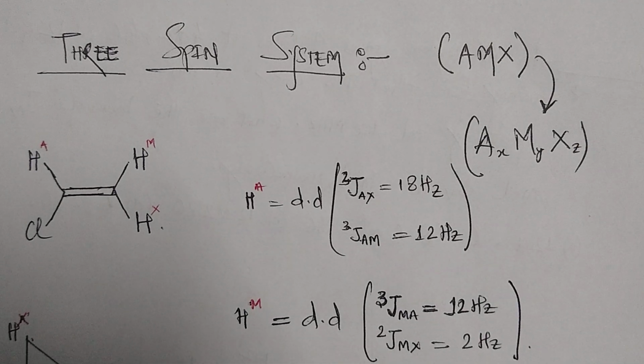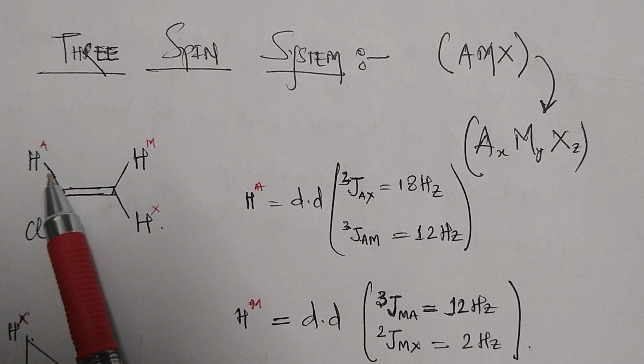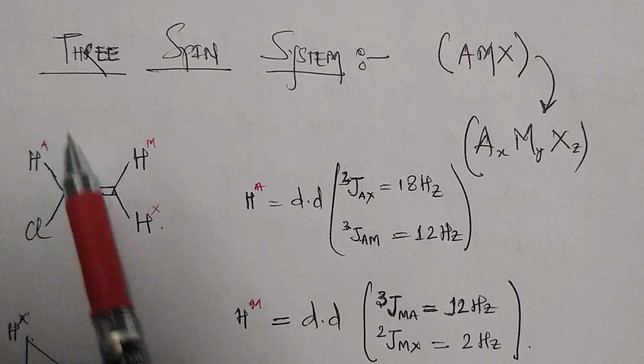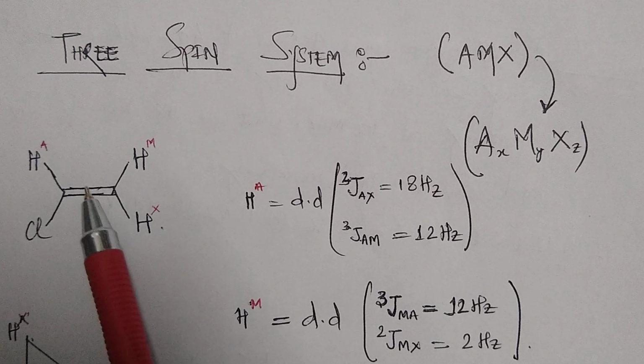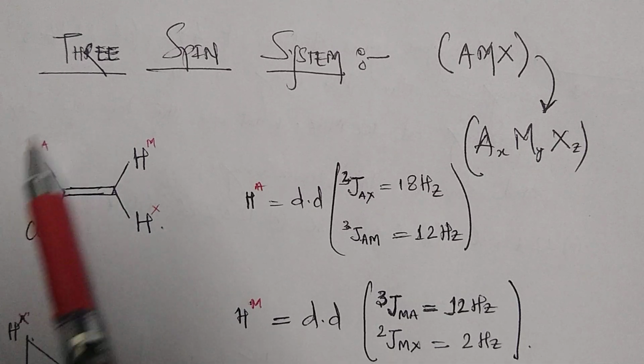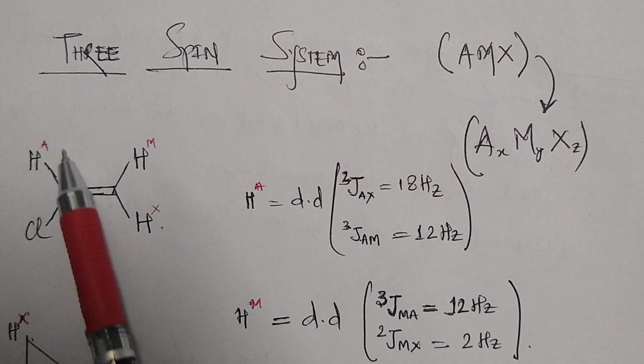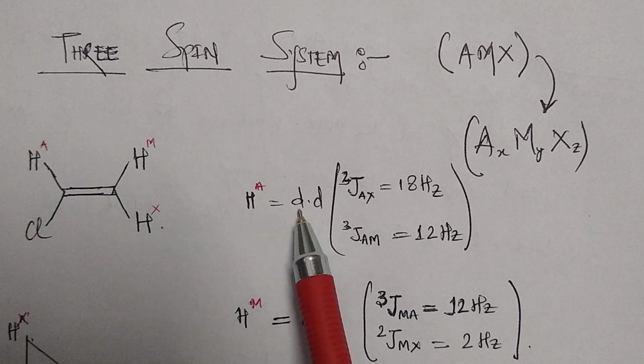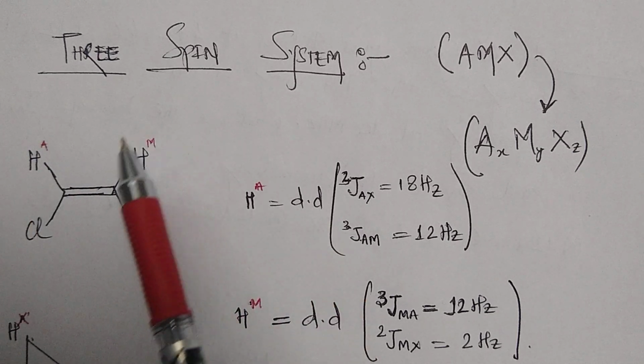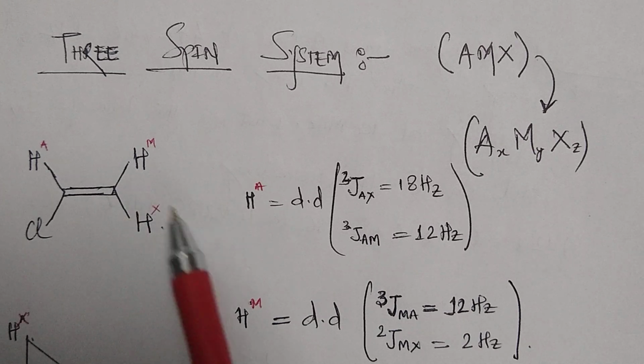Now for this we will consider this example, in which we have three types of proton, altogether a 3-spin system, where this A type of proton will have a doublet of doublet due to this M type of proton and this X type of proton.